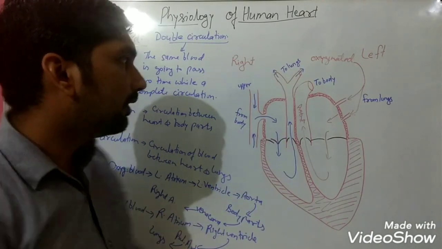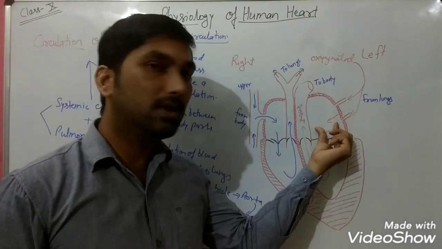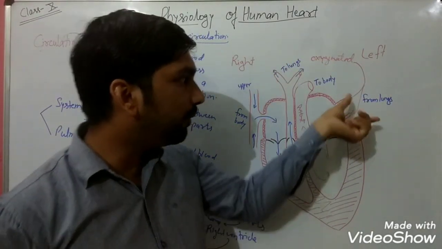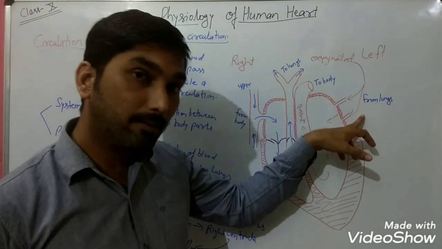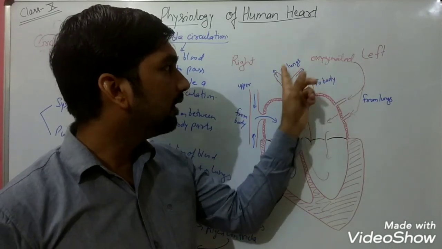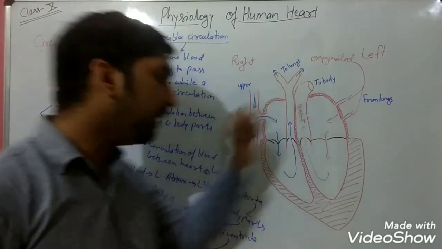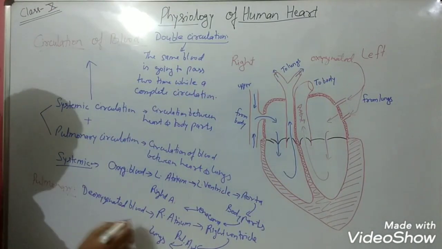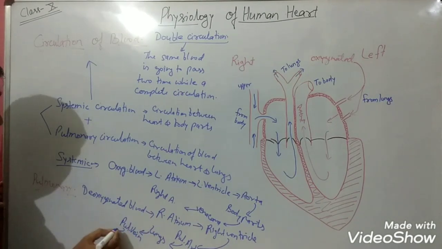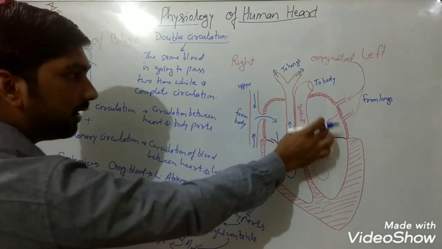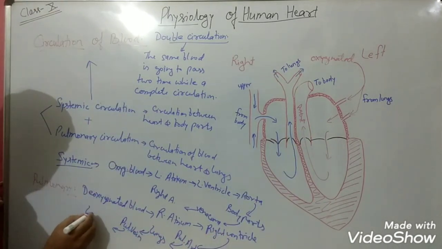From the lungs, it again comes to the left atrium, but the blood vessels bringing the blood are veins. The vein coming from the lungs is known as the pulmonary vein. So after the lungs, the blood moves into the pulmonary vein, and finally reaches the left atrium.